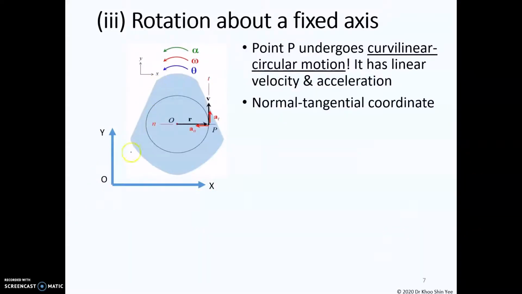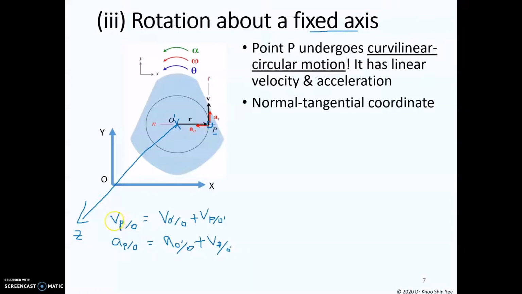When we study the rotation of the rigid body about a fixed axis, this fixed axis is located at the center of mass of the rigid body. Let the center point be O prime, and we choose an arbitrary point and label it point P. By using relative motion analysis, you should be able to obtain these two equations for velocity and acceleration.